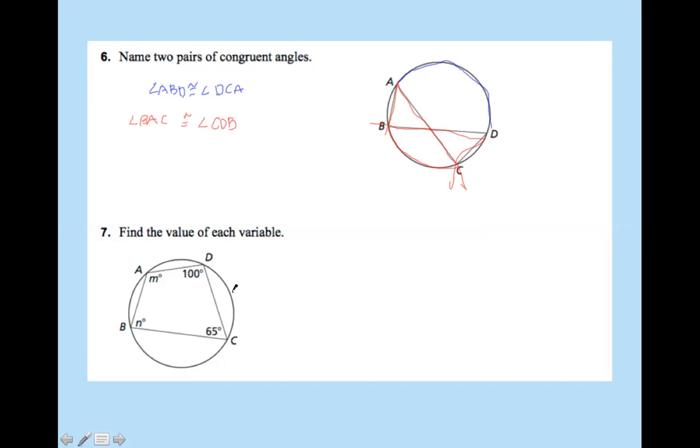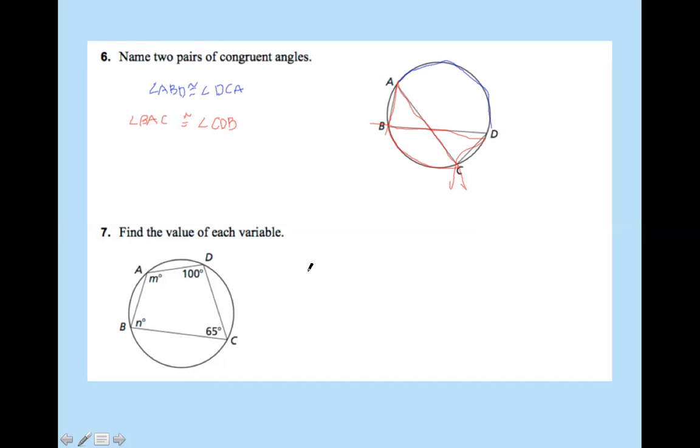All right, our next question, we're asked to find the value of each variable. So if I notice, this figure inside here is 1, 2, 3, 4 sides. It's a quadrilateral. We had a theorem that said if a quadrilateral is inscribed in a circle, then its opposite angles are supplementary. So this time I look at opposite angles. This one's an easy one to figure out. Supplementary means that the angles add up to 180 degrees.